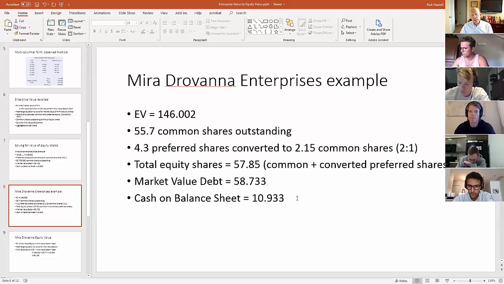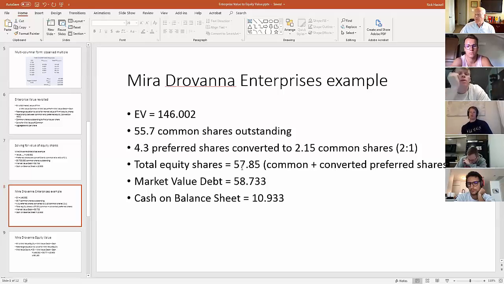So in textbook and theoretical terms, you would always subtract the cash that's on the balance sheet to get to this number. But in practical terms, you would only subtract the excess cash, not all of the cash. Now, for the sake of the problem sets and such that we'll do, you're going to use the equation just as it's written, because you don't have the ability to necessarily know what is excess cash and what is not. But in practical terms, it would only be subtracting out excess cash.